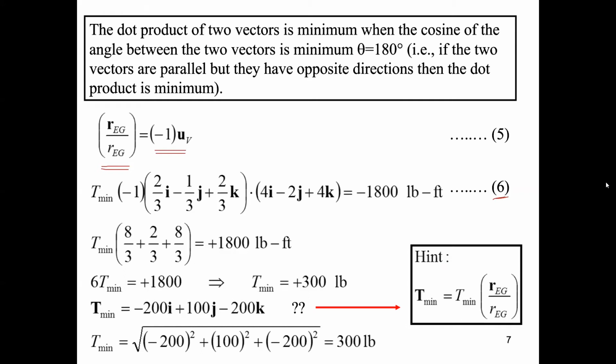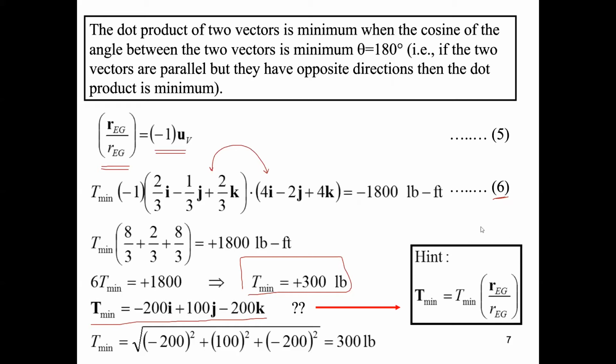If we perform the dot product of these two vectors and simplify the result, we will get the minimum tensile force in the cable. In this case, the minimum tensile force in the cable is positive 300. In vector form, T minimum equals negative 200 i plus 100 j minus 200 k.